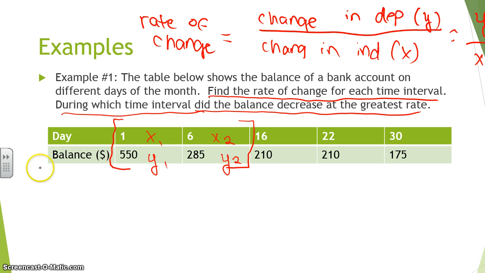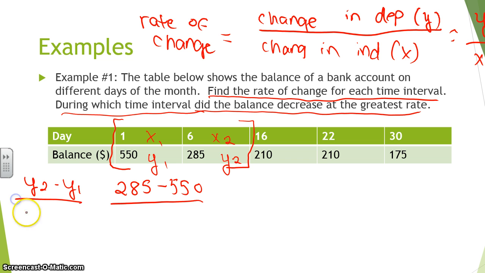So let's set this up using the rate of change formula to find the rate of change of this time interval. I would do y2 minus y1, which y2 is 285, minus y1, which is 550, over my x2 minus my x1. x2 is 6, minus x1 is 1.